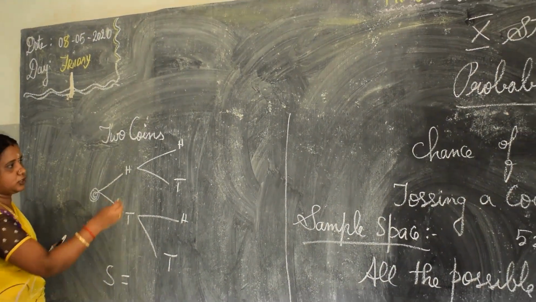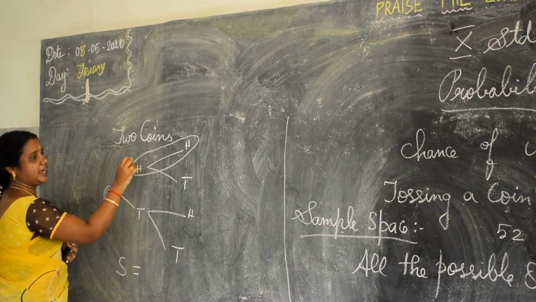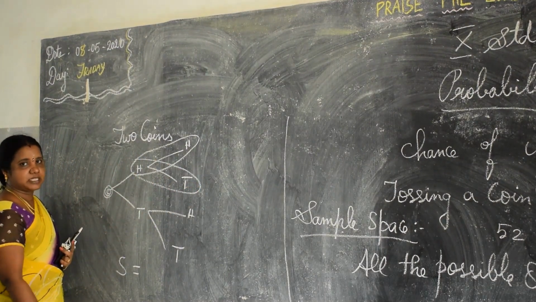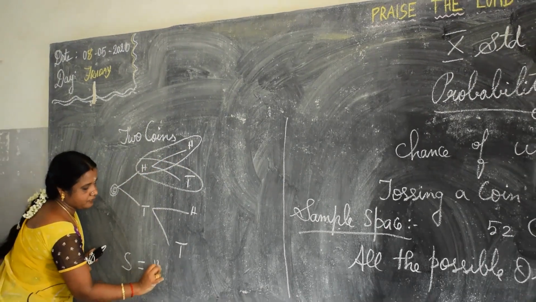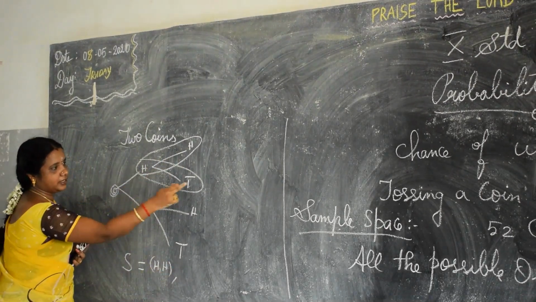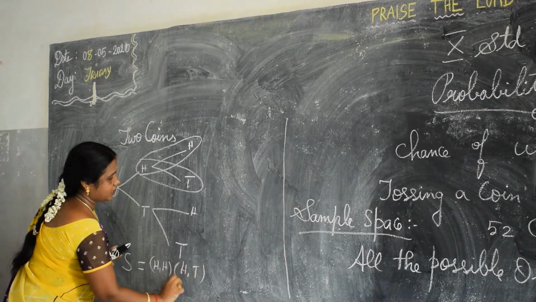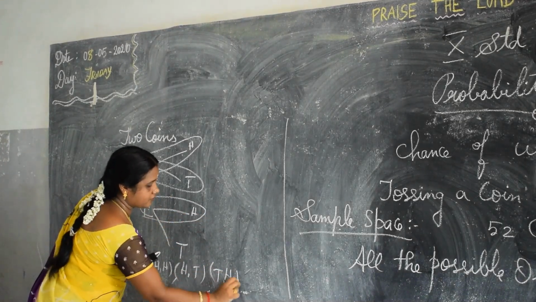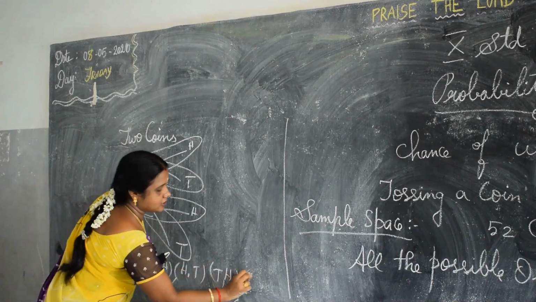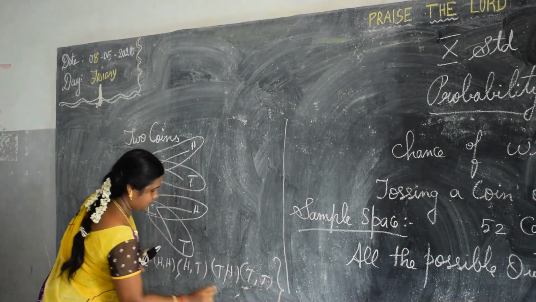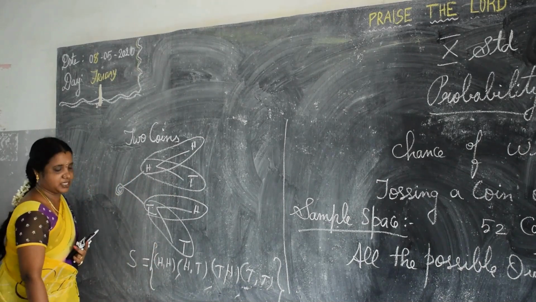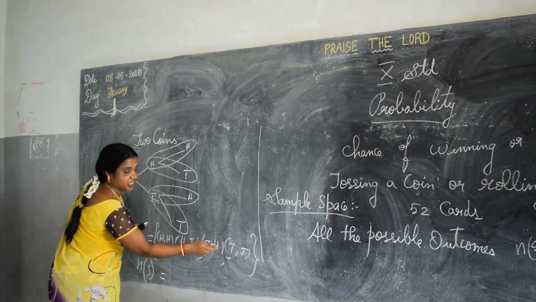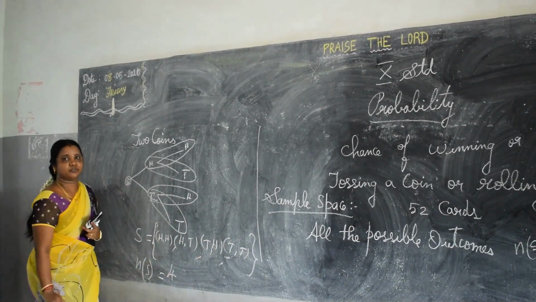Our S is equal to, it is easier if you write like this, so that you won't leave any outcome. First head, head. Next, head, tail. Next, tail, head. Next, tail, tail. So, this is our sample space. What is the total number of outcomes here? 1, 2, 3, 4. So, n(S) is 4.